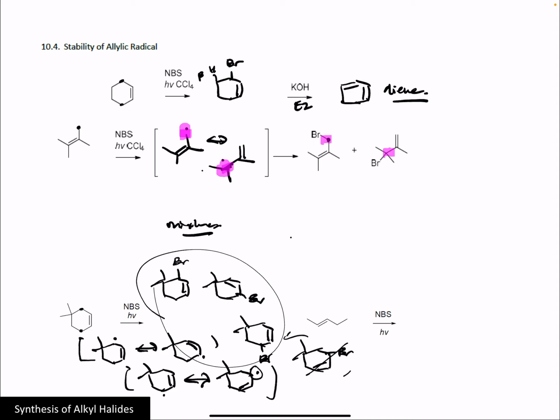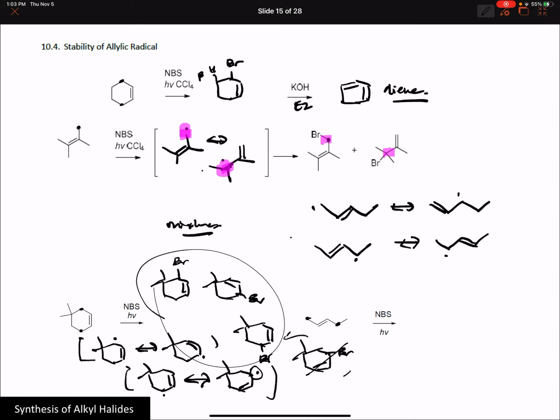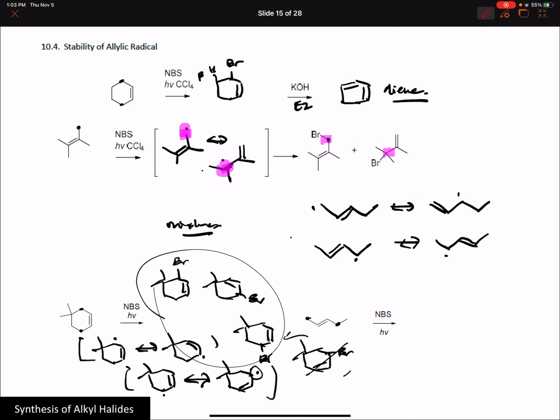One more time, let's consider this guy. How many allyl positions do I have? Two. So I can make this radical, or I could make this radical. Then I draw their resonance structures. Draw the allyl resonance. So now we can identify a difference here. This one we call primary allyl.